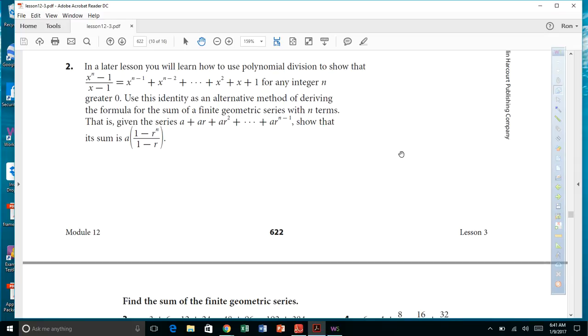Use this identity as an alternative method of deriving the formula for the sum of a finite geometric series with n terms. That is, given the series a plus ar plus ar squared and so on up to ar to the n minus 1, show that its sum is a times 1 minus r to the n over 1 minus r.